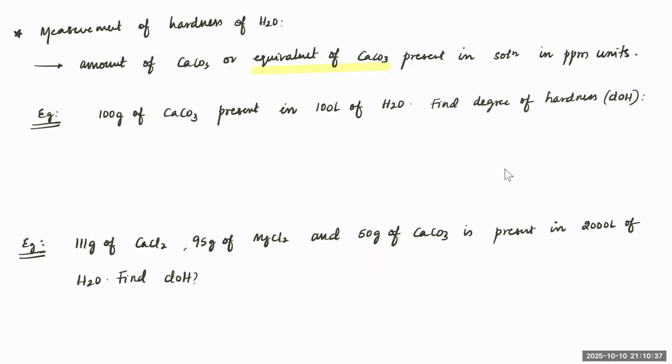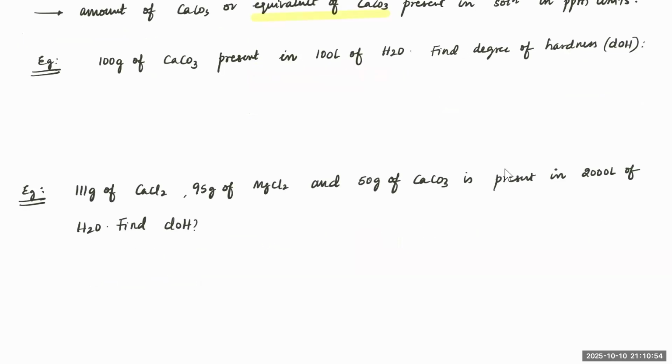Understood? What does this mean? No matter in whatever calcium salt form or magnesium salt form it is, you convert that form into calcium carbonate equivalents. Let me show you with an example. I think you will understand that better with examples.